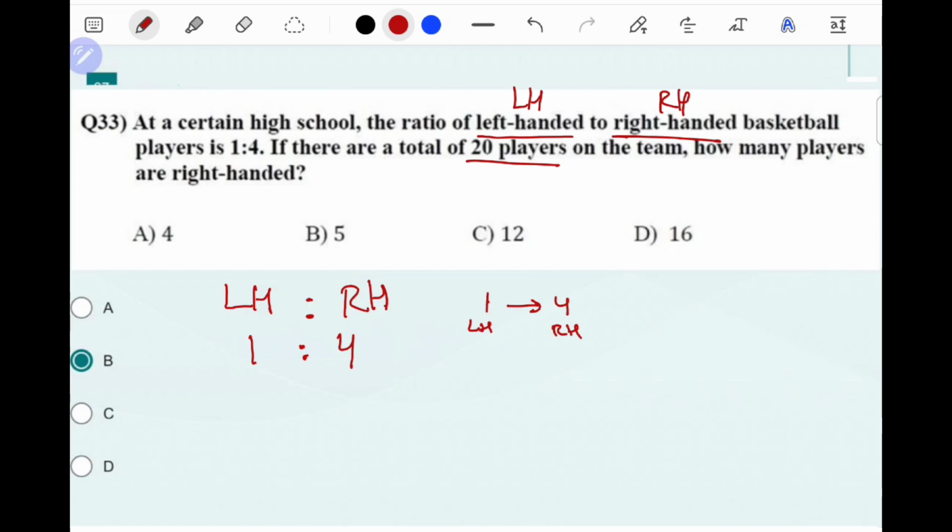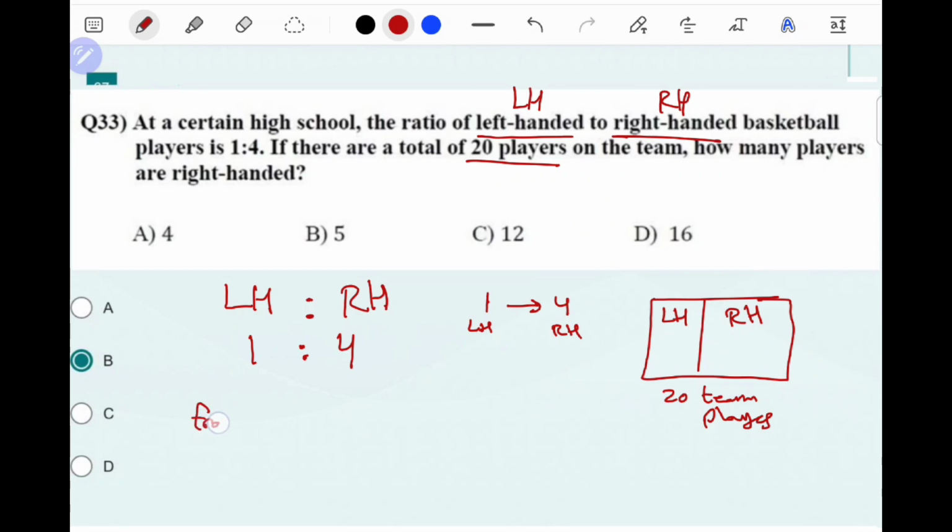In this case, one way to do this question is to find the fraction of the players that are left-handed, and the fraction of the right-handed players, where the whole is the 20 team players. It's a very interesting trick to know the fraction.